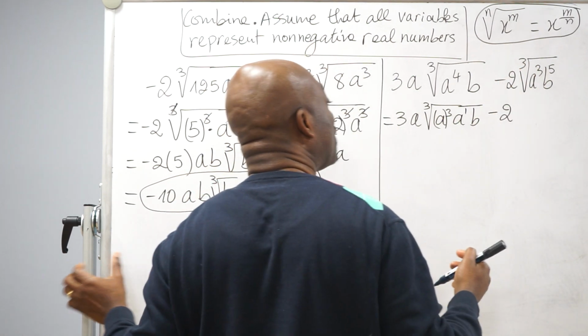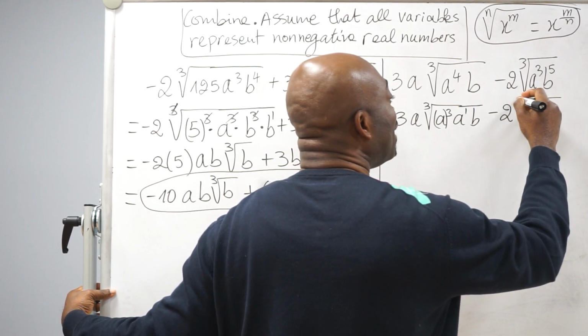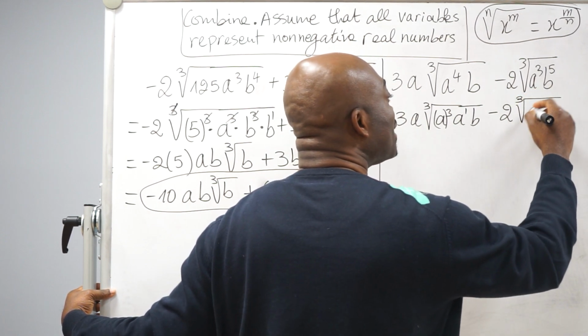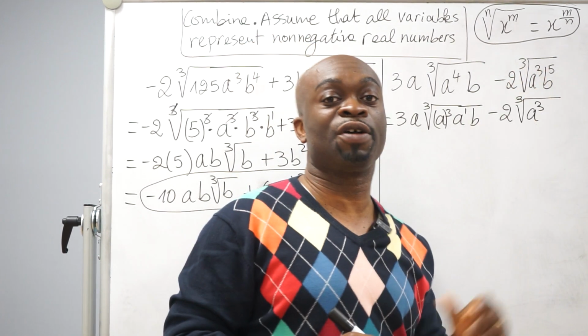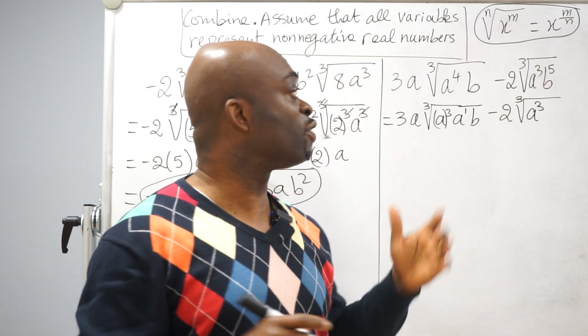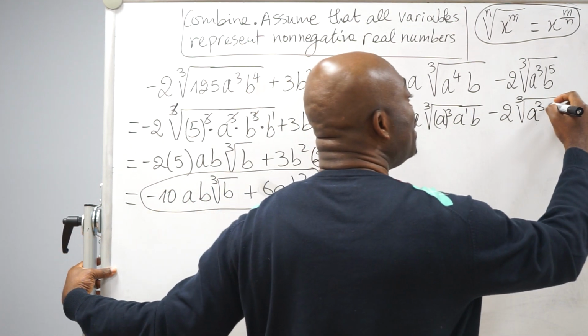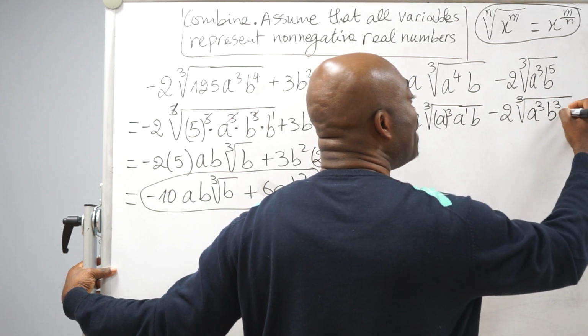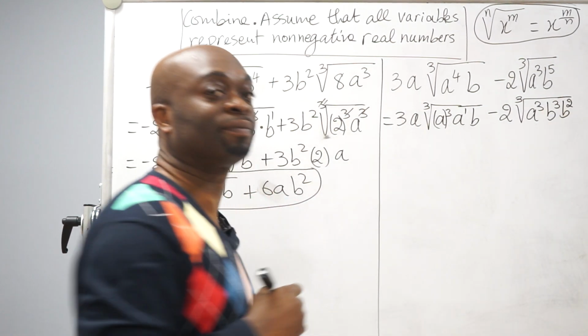Because that's a perfect cube, that one will come out, but we keep it there for now. And then we have our cube root. Then we still have our A cubed. What about B to the 5th? How many times does 3 go into 5? 3 goes into 5 one time. All right? So it's going to be B cubed. And what's the remainder? 2. So that'll give you B squared.